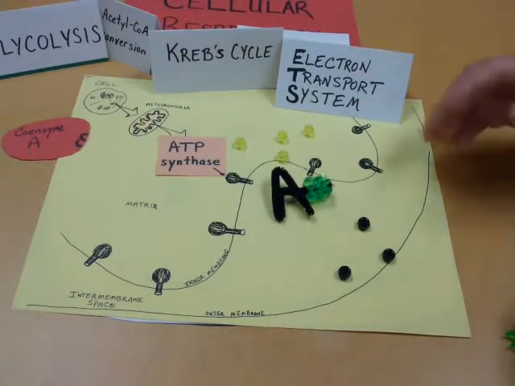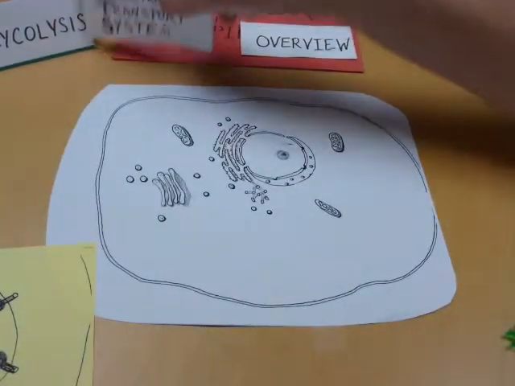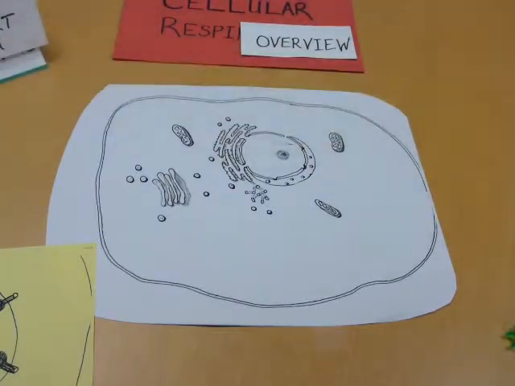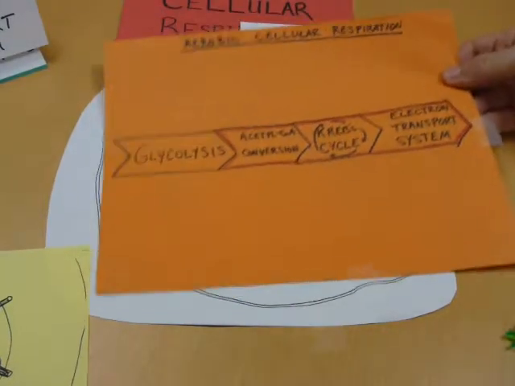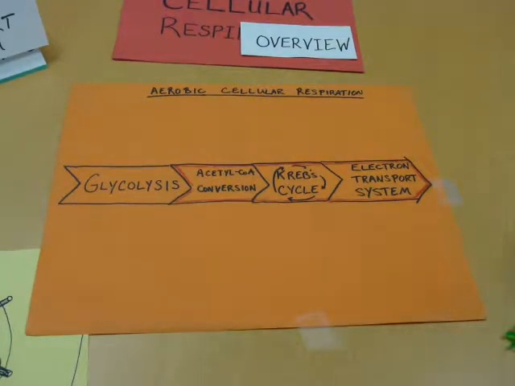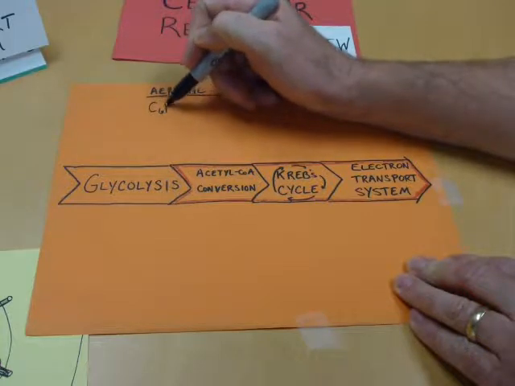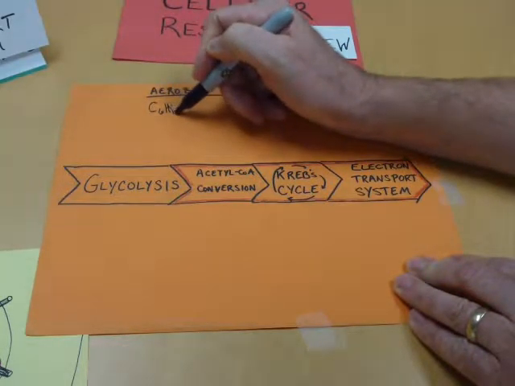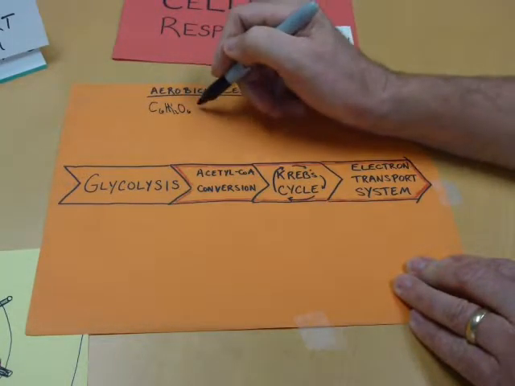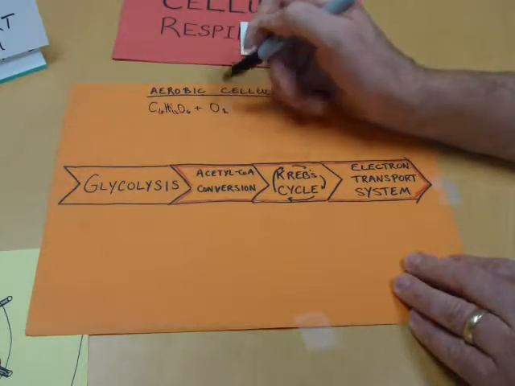And so we can look at this process. They have to happen in order as a series of reactions, aerobic cellular respiration, where we take glucose, which is C6H12O6. We've not talked about oxygen, but we're going to need some oxygen.